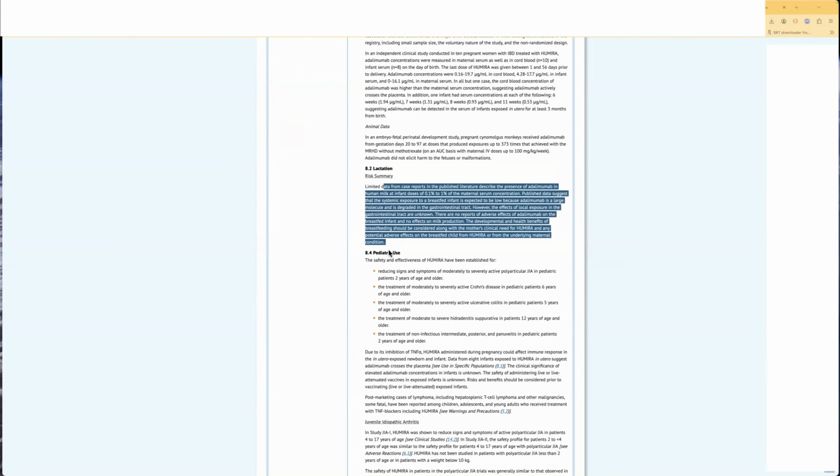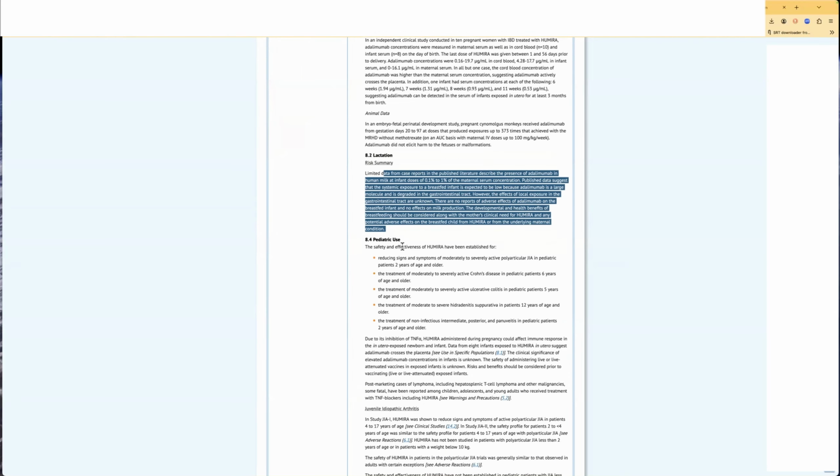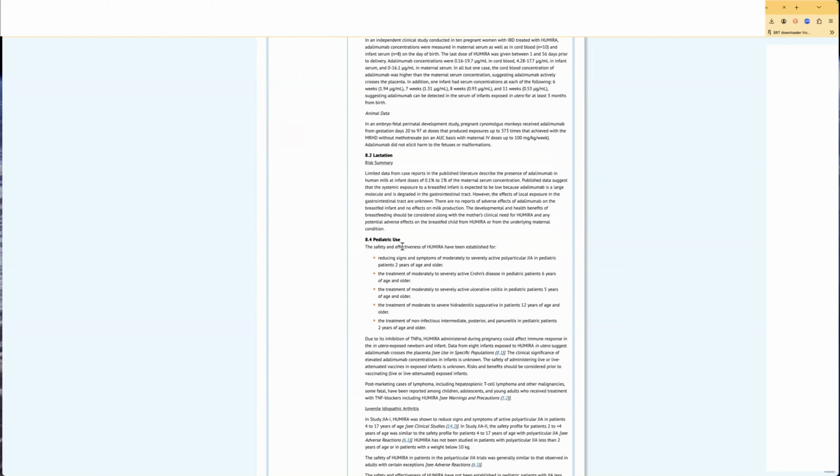Then pediatric use. If a product has not been used in the pediatric population because it has not been tested, in this case, we don't have any information unless, again, the product has been used by inadvertence. So the person didn't know.